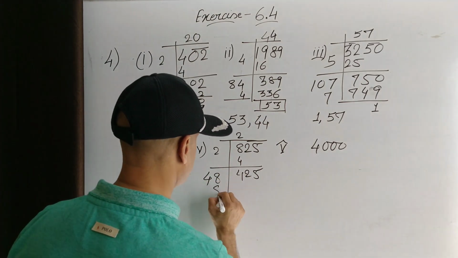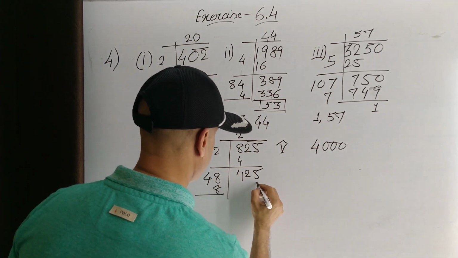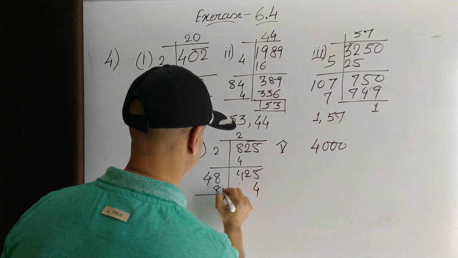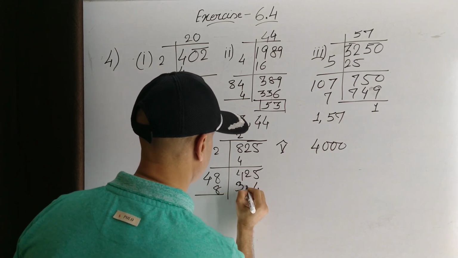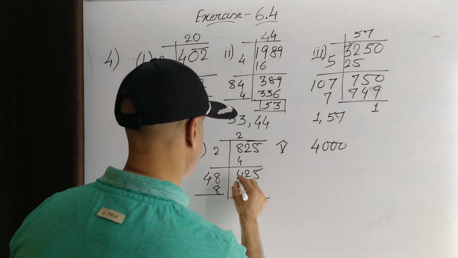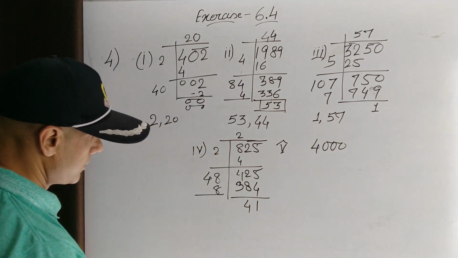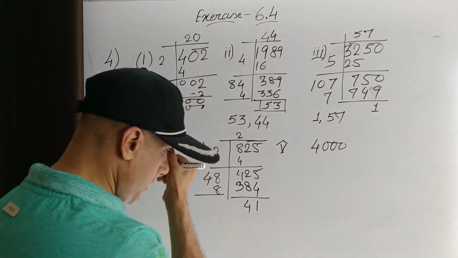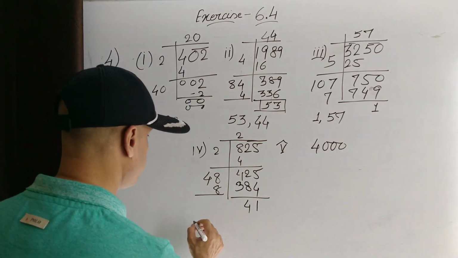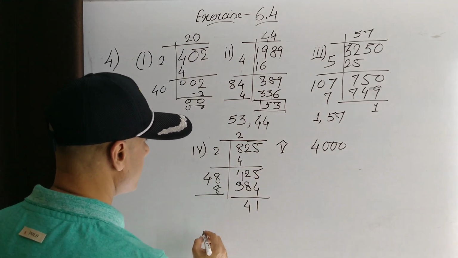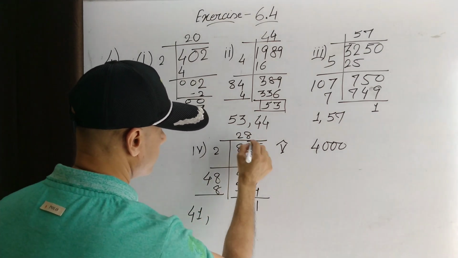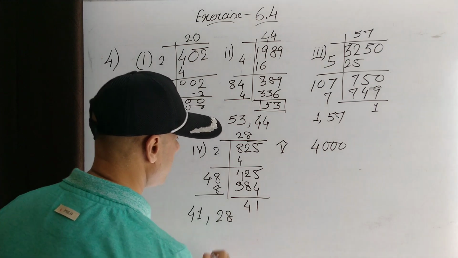So let's see, 8 into 8, 64, we get 4 and 6 balance, 38. So we have balance as 1 here and 4. So we get balance as 41, and if we take 9, yeah, it will be more. So if we subtract 41 from 825, it will become a perfect square, and we will have the square root of that number as 28. Clear?